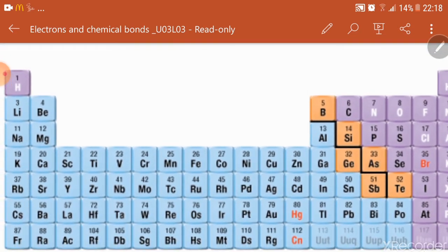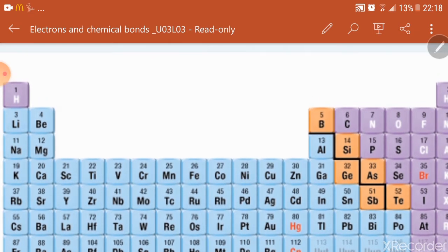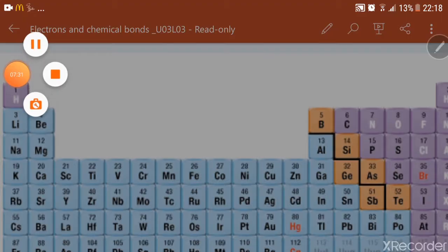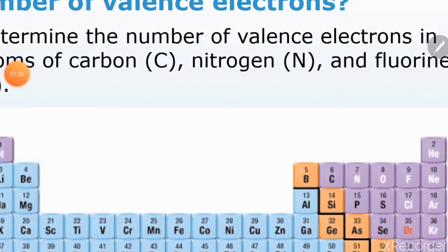In the group number, this is the group number 14.